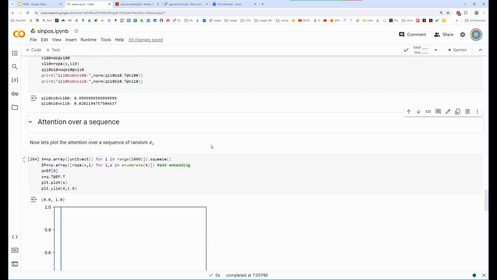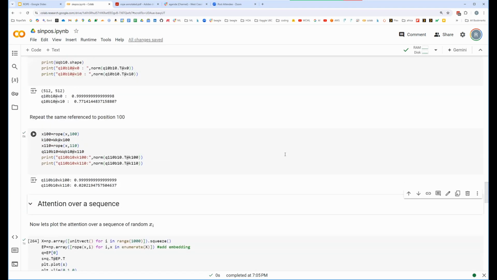So just to be clear, what we're saying is if you're a transformer, if you're an LLM, and you're trying to learn the English language, and for some reason you really wanted to attend to the word exactly 10 words before you.